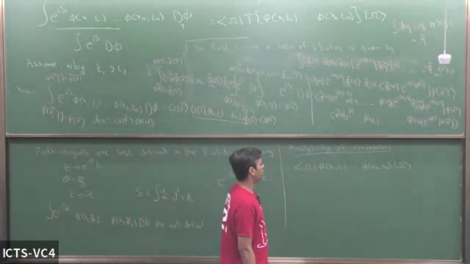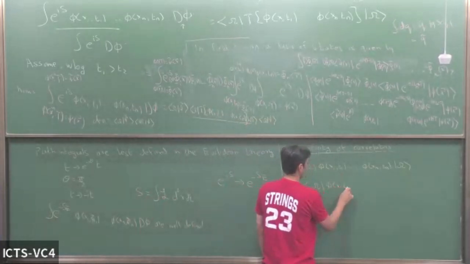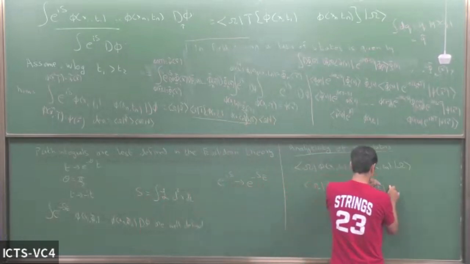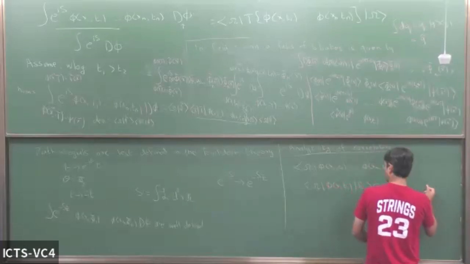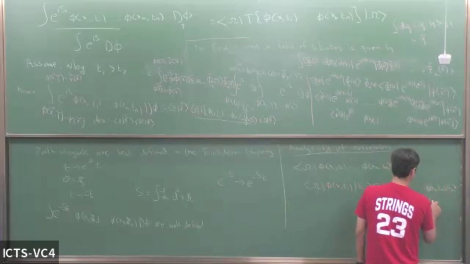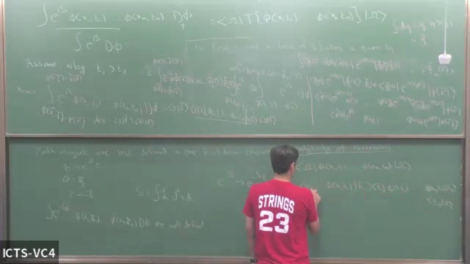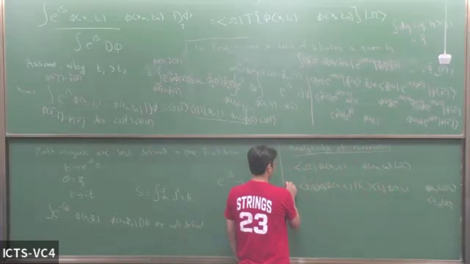So the way to see its analytic properties is to insert a complete set of energy eigenstates here. I should have put E0 here. And then I sum over all the E_i's.